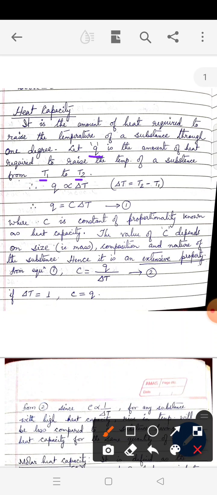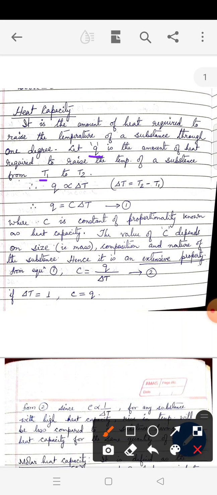We are taking any situation where we have taken a certain amount of substance, we have given Q amount of heat, and the temperature has risen from T1 to T2. Now, the more heat you give, the more will be the rise in temperature.